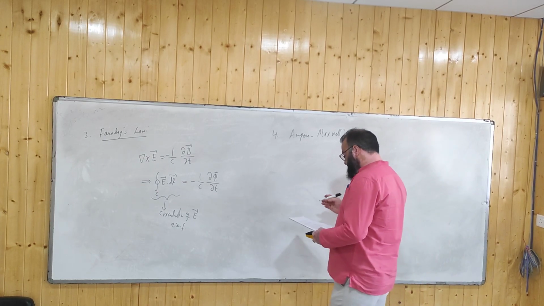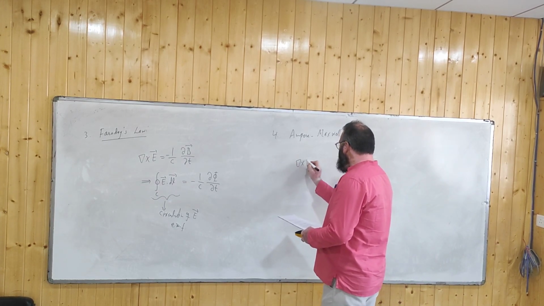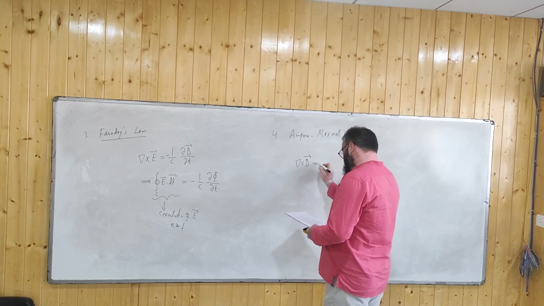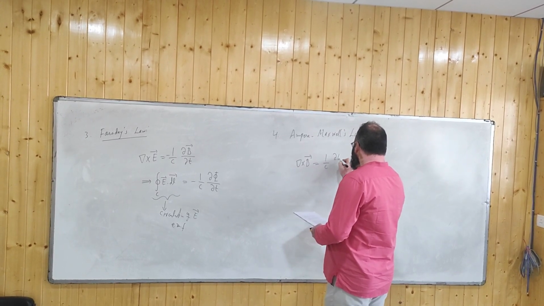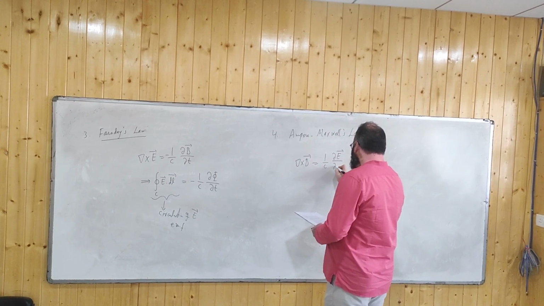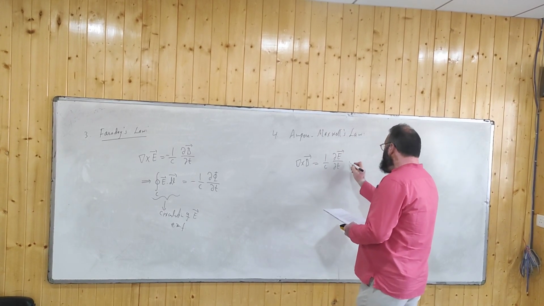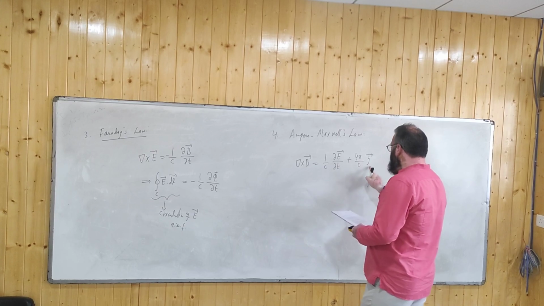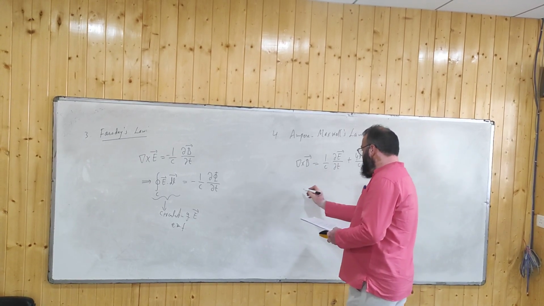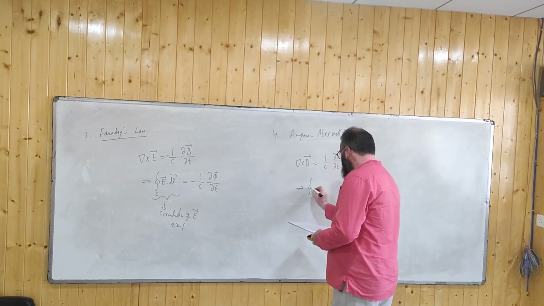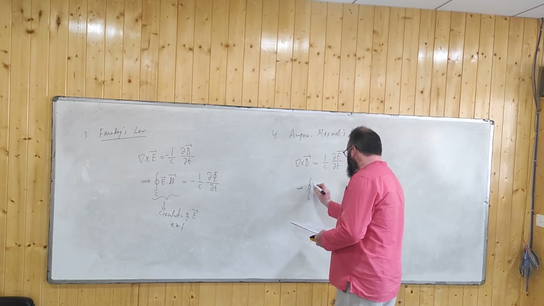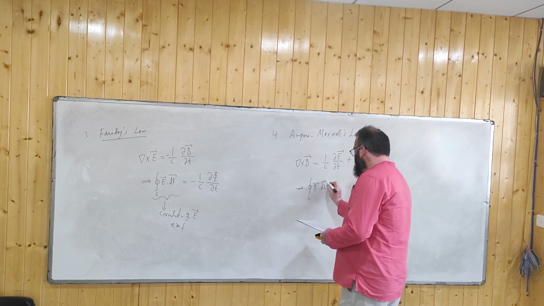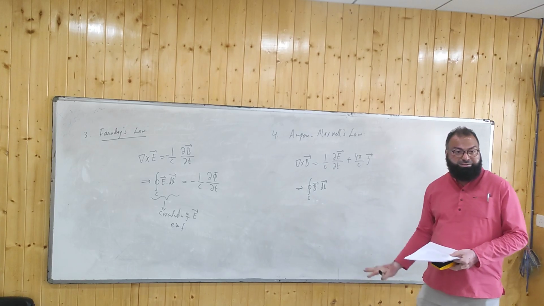So it's like this: del cross B is equal to 1 by C. This is the current density. In integral form, it is the circulation of the magnetic field, B dot dl. Clear?